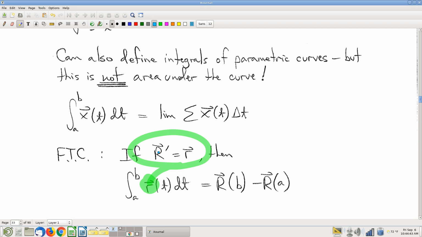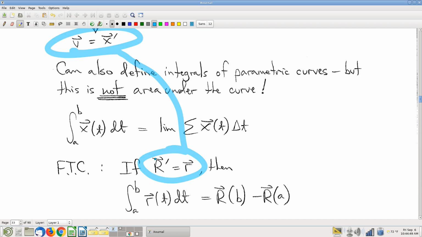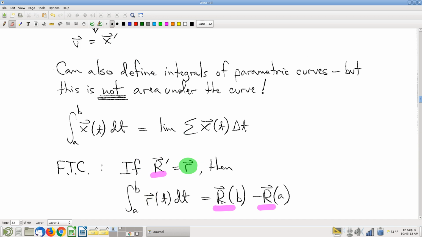So what instance might that be? Well, maybe it's a velocity. This r here, this thing we're taking an integral of, maybe that r is velocity. Velocity is a derivative. So yes, it is true that an integral of velocity gives you a change in position. Sure, absolutely. But if you're thinking of this as being position, that doesn't make any sense at all in this context.